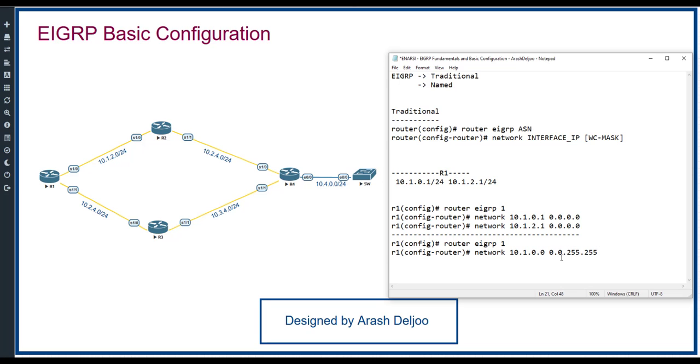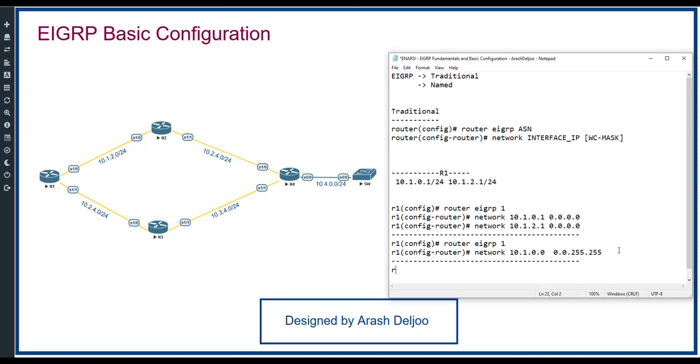As you can see, this wildcard mask means all of the interface IP addresses that start with 10.1, without regard to octet 3 and octet 4, should be enabled in EIGRP. This means that this interface 10.1.0.1 and this interface 10.1.2.1, as you can see, both of them are using 10.1 in the first octet and the second octet. Because of that, with only one command we can enable EIGRP on these 2 interfaces.